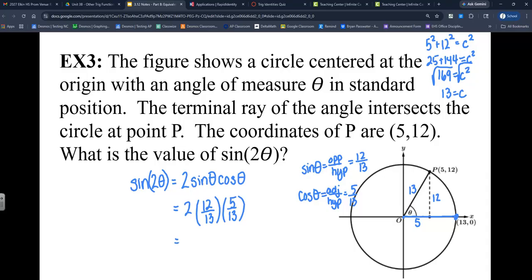So for this, we're doing 12 times, like I'm going to put that over 1. So 2 times 12 times 5. 12 times 5 is 60, times 2 is 120. And then 13 squared is 169. There, so that would be our value.